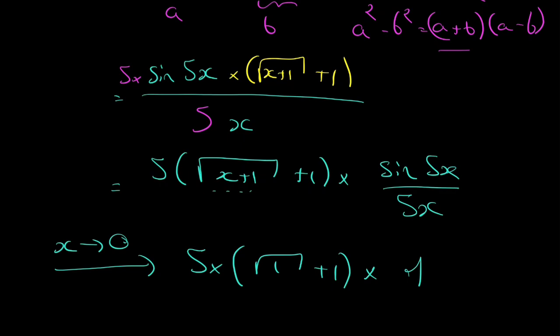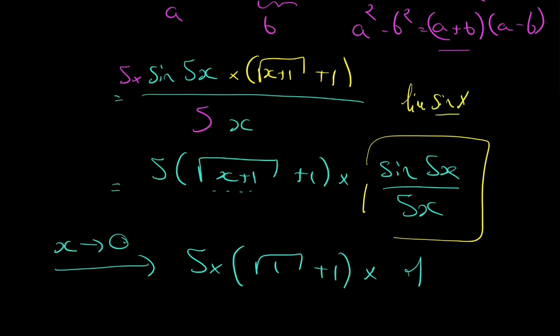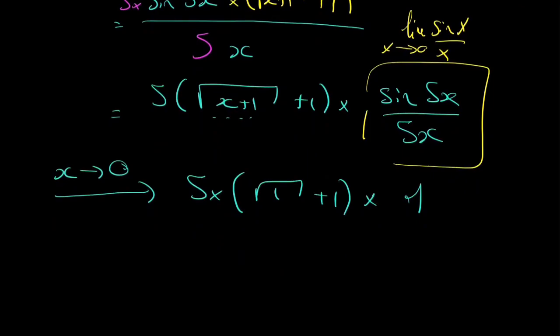Times 1, because this thing here is the limit of sinus of x over x when x tends to 0, obviously. And if I just do the calculation, this thing is equal to 5 times 2 times 1, which is equal to 10.